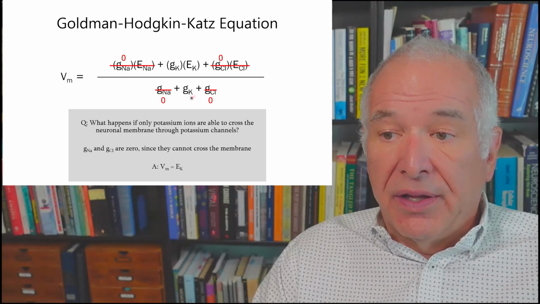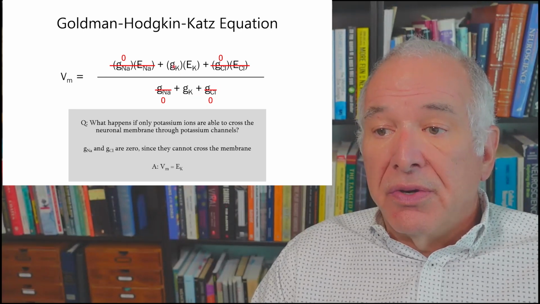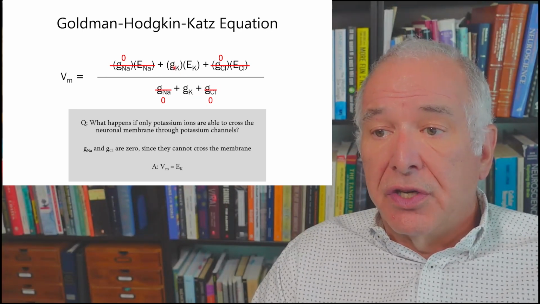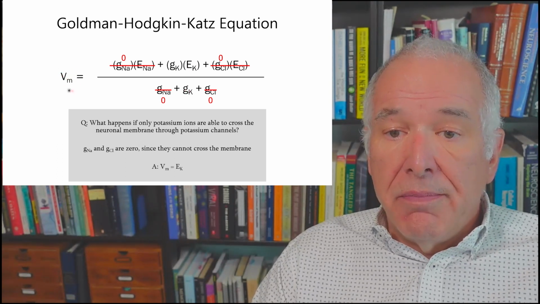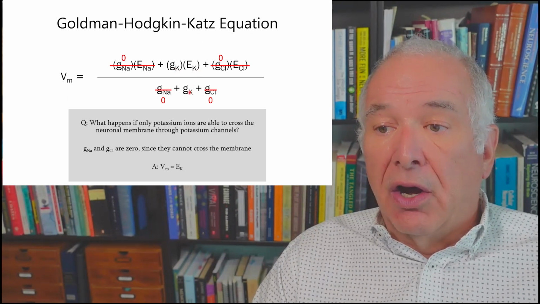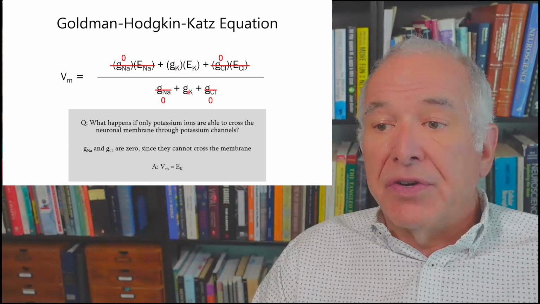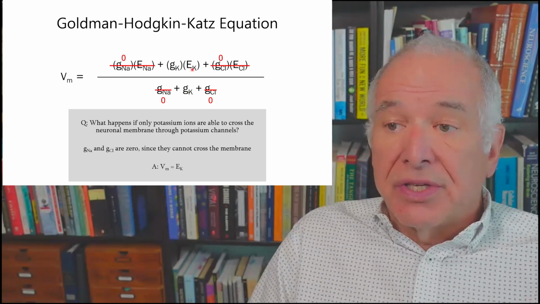Potassium is the only thing that can move, and there's no chloride conductance. So now if you look at this, it resolves to G_K E_K over G_K. So the voltage on the membrane, V_M, is equal to G_K E_K over G_K. G_K over G_K is 1, and so this says that the membrane voltage goes to E_K.